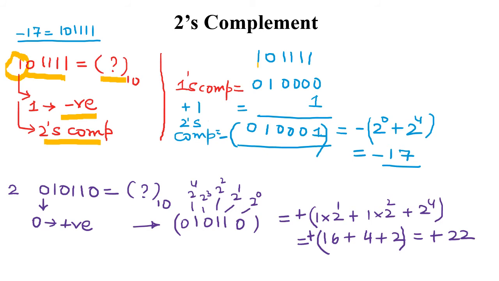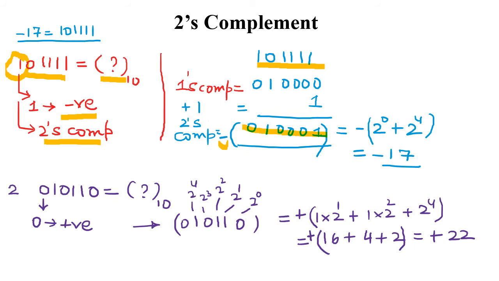Write the number 101111, take its 1's complement, which is equivalent to 1 by 0 and 0 by 1, and here you have 4 ones, so you replace them by 4 zeros, 0 by 1 and 1 by 0. Add 1 to it, it gives 0 plus 1, 1, then 0, 0, 0, 1, 0. So the 2's complement value is 010001 with a negative sign in front of it, because here the MSB was 1 indicating the value is negative.